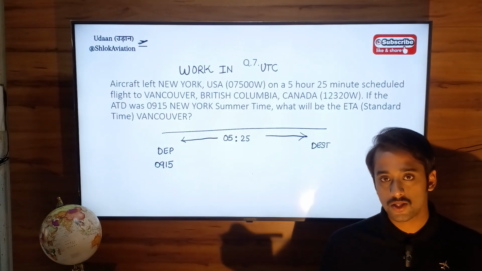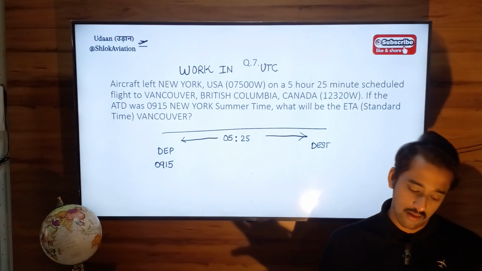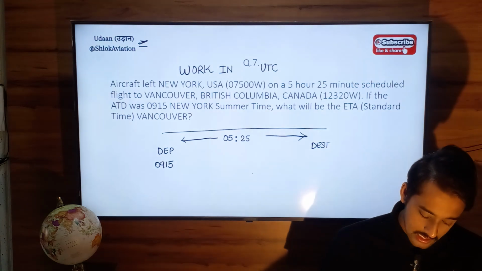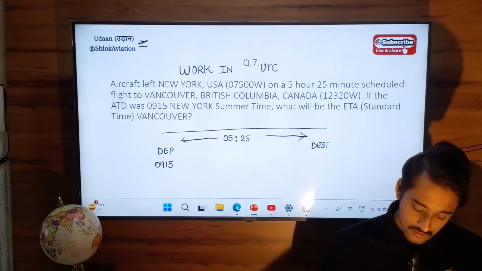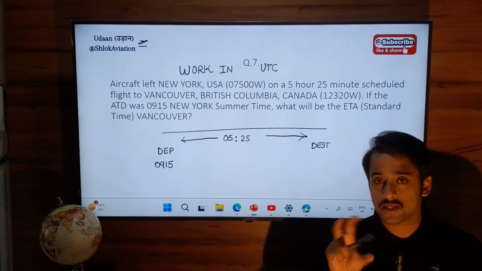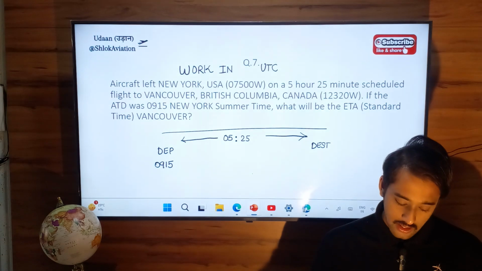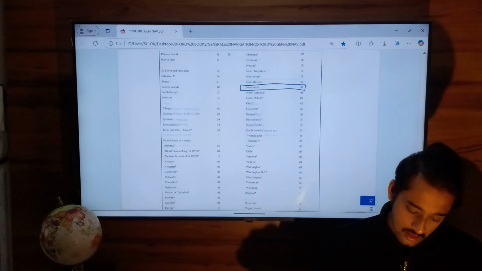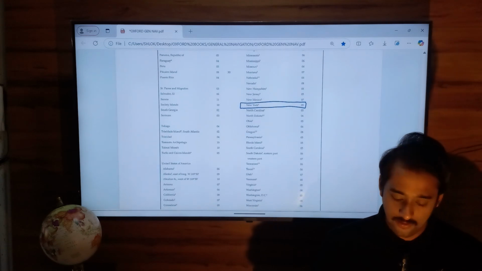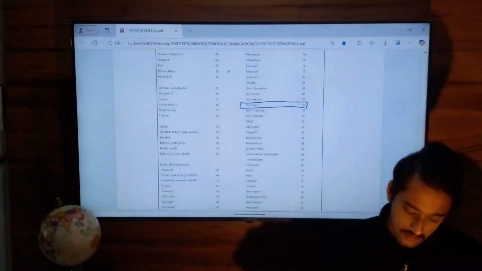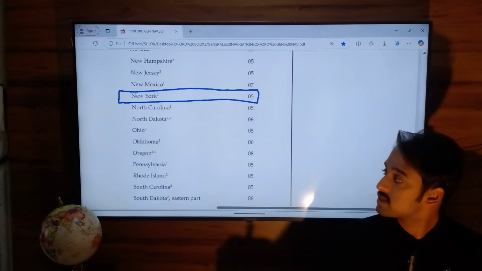To solve this kind of sums, always find UTC timings. So 0915 is the summer time. Let's convert into corresponding UTC. So the difference between New York Standard Time and UTC time, we can find in the Air Almanac calendar, it is 05.